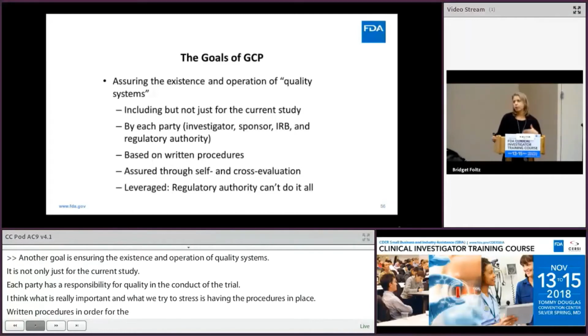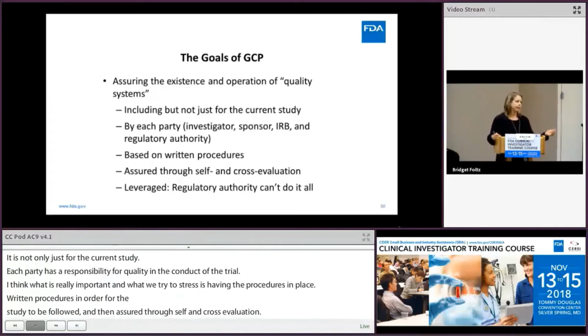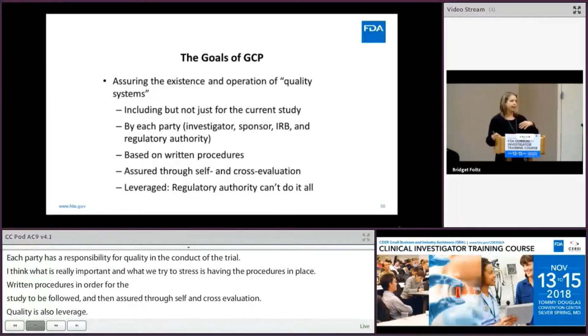Quality is also leveraged. So we as regulators can't be out at every clinical site to ensure that the procedures and regulations are being followed appropriately. So at the site level, if you think about it, the quality system at the site level is the IRB. So they're ensuring that the protocol is being followed.